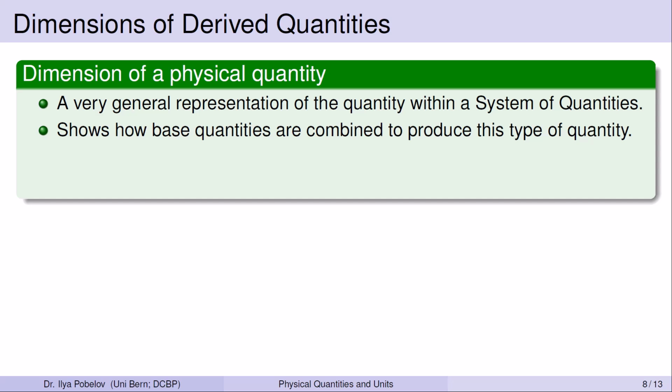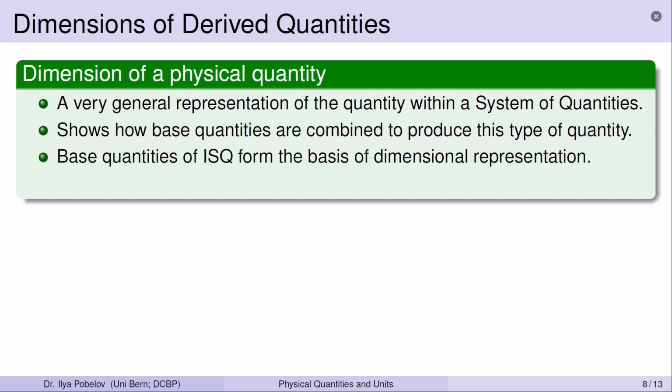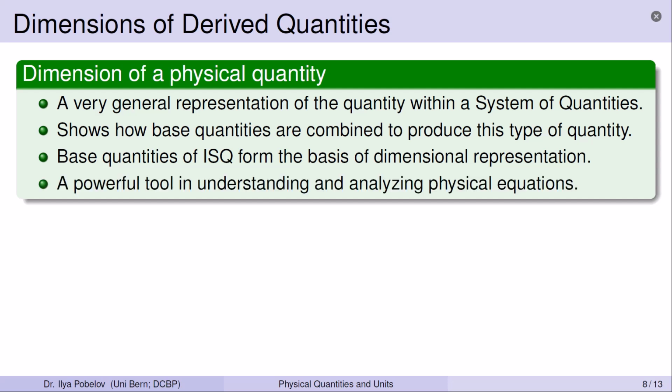In this system, there are 7 base quantities that also form the basis of the dimensional representation of physical quantities. The symbol of a base quantity that is used to indicate it in the dimensional representation is shown in the previous slide. The analysis of dimensions is a powerful tool that you can use to understand and analyze physical equations.